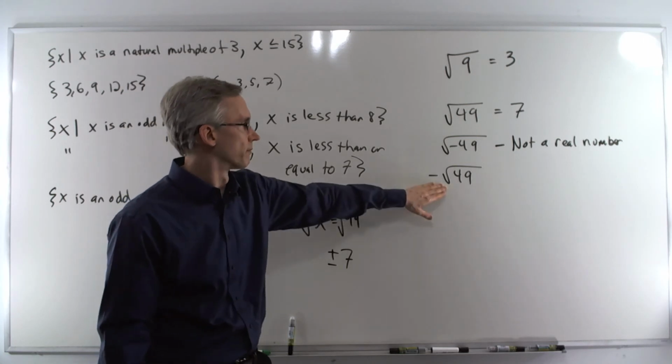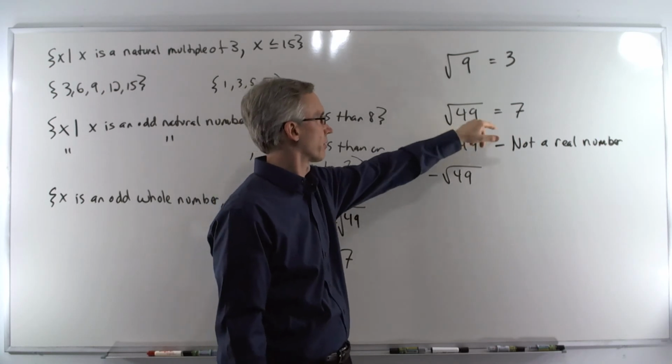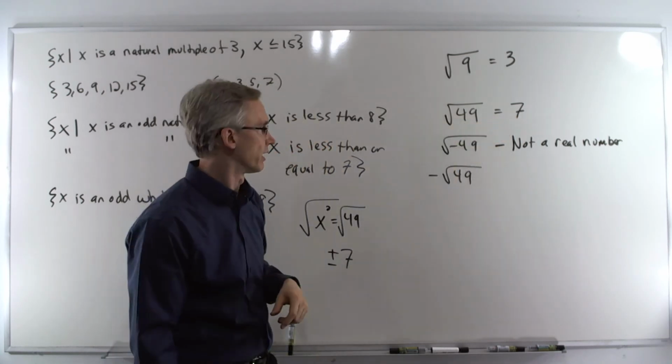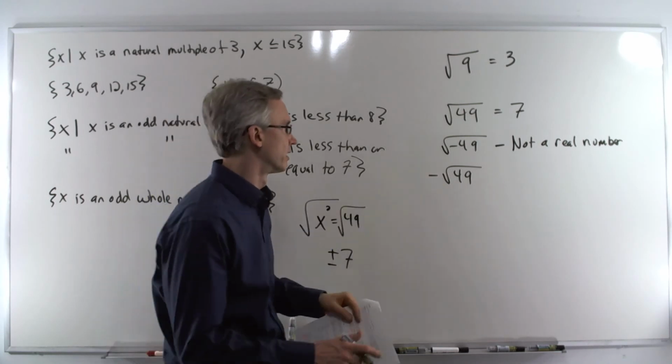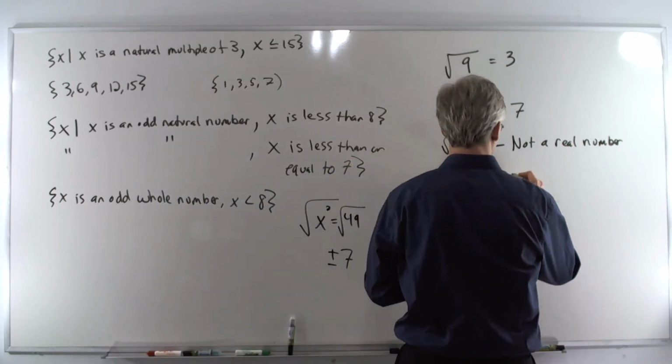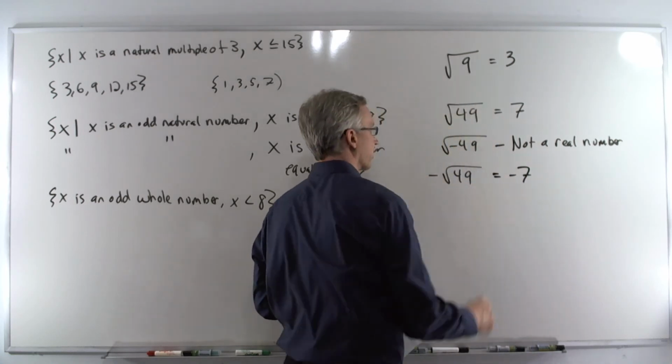Now we have this one. So in this case, we saw this was the principal square root, gives us only the positive version. If we want a negative number out of it, we'll just stick a negative on the outside of it. And that gives us the negative 7. Square root of 49 is 7, still got that negative on there.